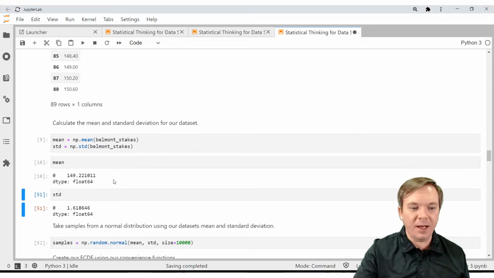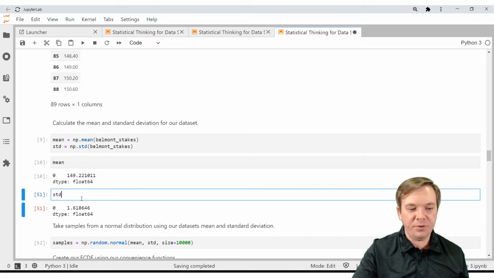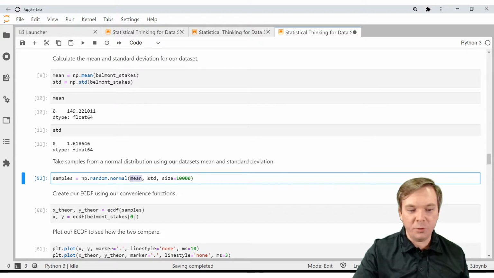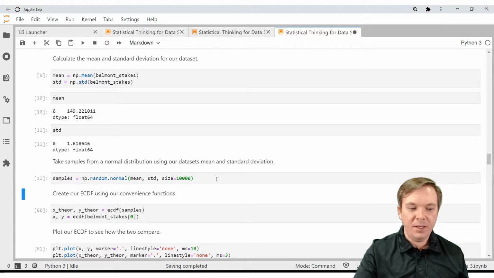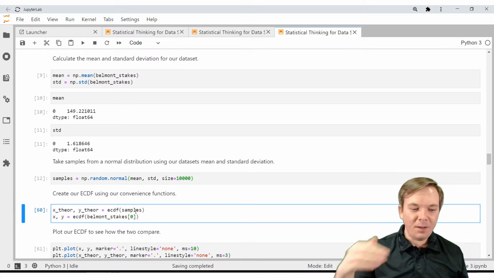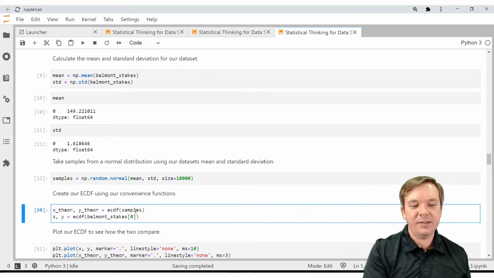Then what we're going to do is calculate the mean and the standard deviation. The mean winning time was 149.22 seconds, and the standard deviation was 1.61 seconds. So we'll create a normal distribution using that mean and standard deviation. Then we'll create our observed samples.